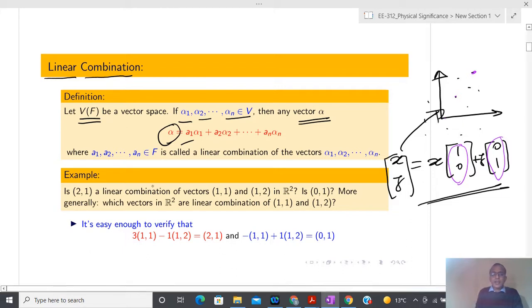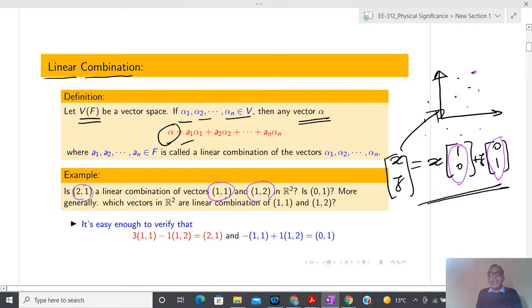Okay, so let us see an example. Suppose (2, 1): is it a linear combination of (1, 1) and (1, 2) in R2? So I have to check that, in place of (1, 0) and (0, 1), if I now select these two vectors, is it possible to represent (2, 1) using them?